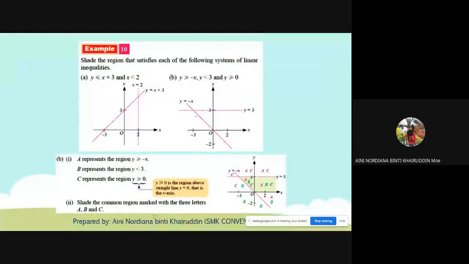Okay, example 11. Oh, before that, any questions? No, teacher. Okay. Example 11. This one is actually the same, but there is additional work, draw. Earlier all the straight lines were given, then you just shade. Now draw and shade.